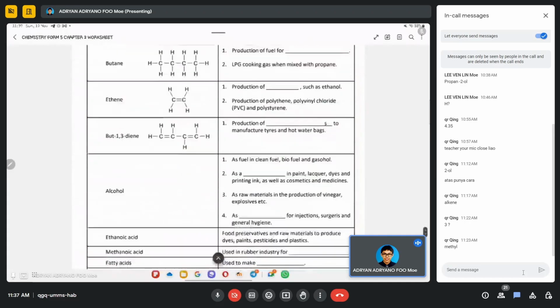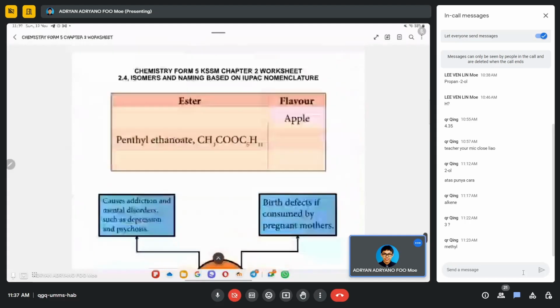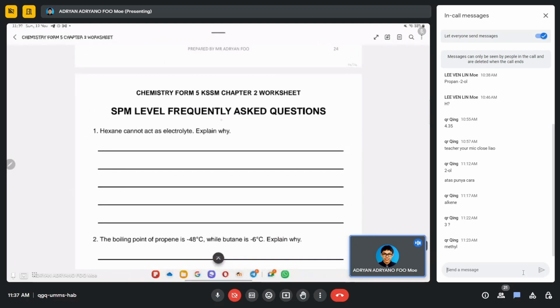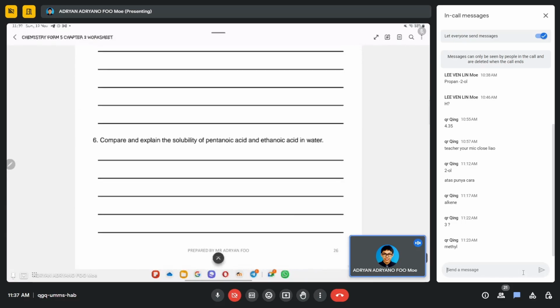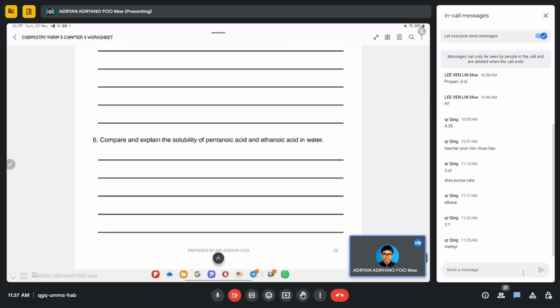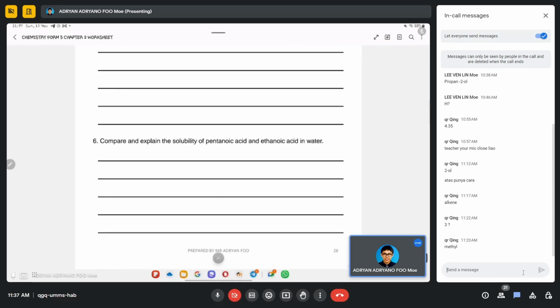You can do practice. This topic, no problem. These are frequently asked questions, and you can ask the S2 or S3 students. They have the answers. You must know this kind of question because they like to set it. This is the hot question.